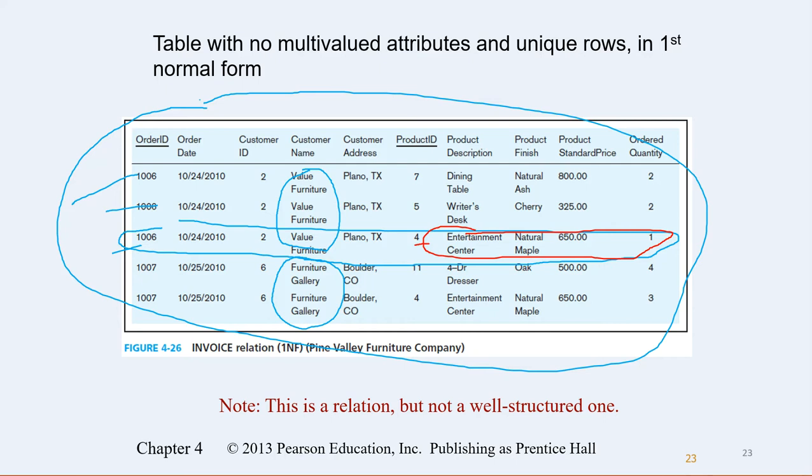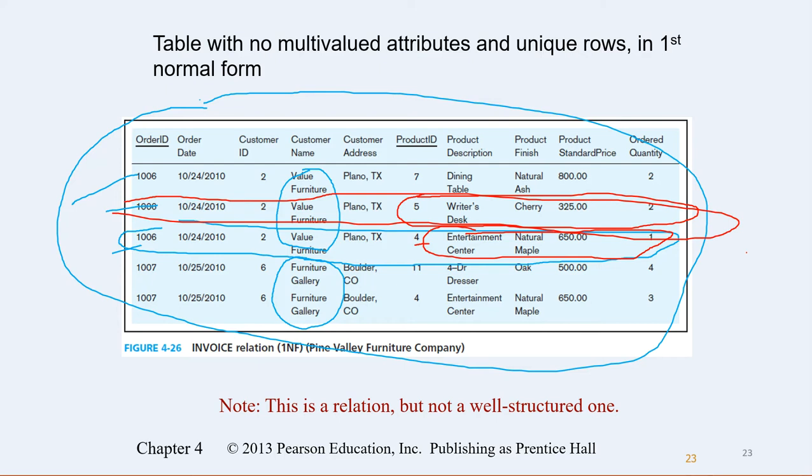Entertainment center is twice, so my mistake, sorry. I think what I meant was this one, because if we delete this record, we will lose all the information about writer's desk. So that's a deletion anomaly.